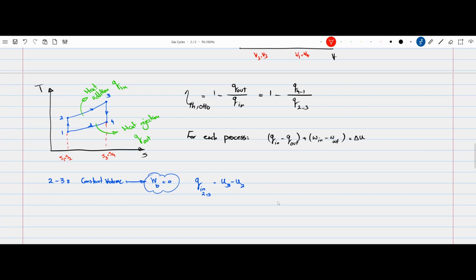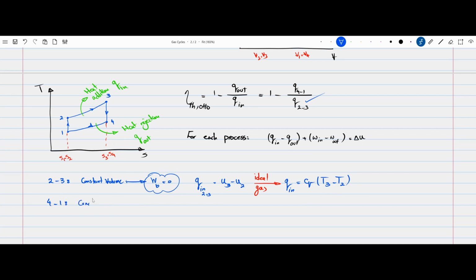Now, for an ideal gas, we know that the change in internal energy can be approximated by Cv (T3 minus T2). So I have the Q in for the process 2 to 3. Now let's focus on the process 4 to 1.